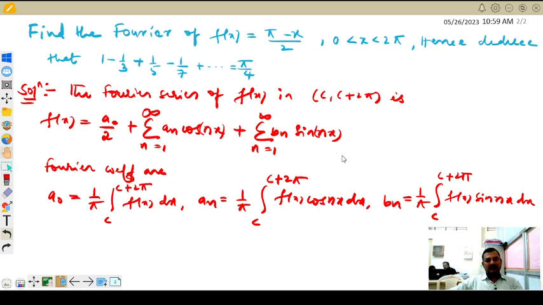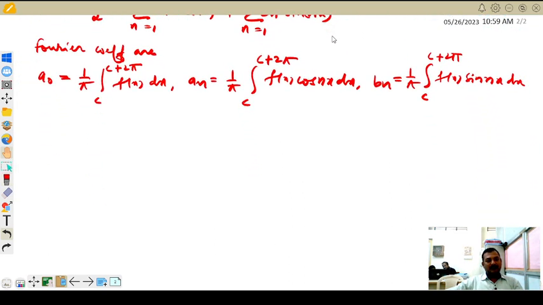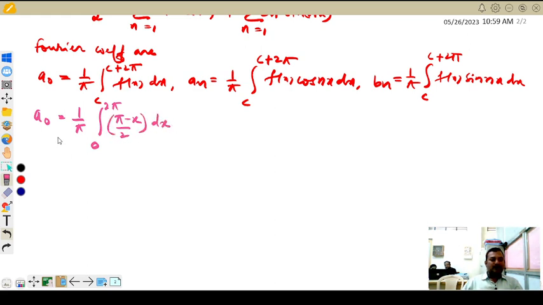Now let us find out a naught, a n, and b n. Let us find out a naught. This is 1 by pi, as it is. Here the given interval is 0 to 2 pi. f of x value is (pi minus x) by 2 dx. Now let us integrate this. So here you can take 1 by 2 outside.